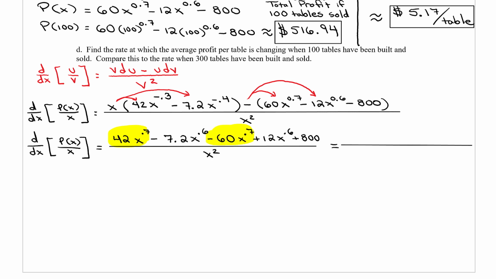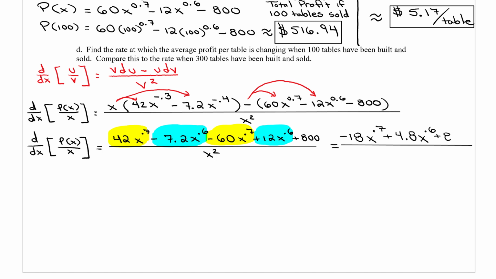In blue, I'm going to highlight the minus 7.2x raised to the 0.6 power and the 12x raised to the 0.6 power. If I simplify, I'm going to get negative 18x raised to the 0.7 power plus 4.8x raised to the 0.6 power plus 800 all over x squared.